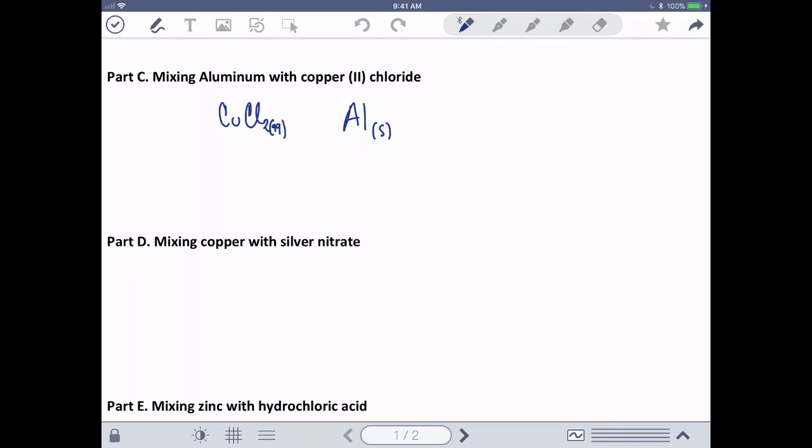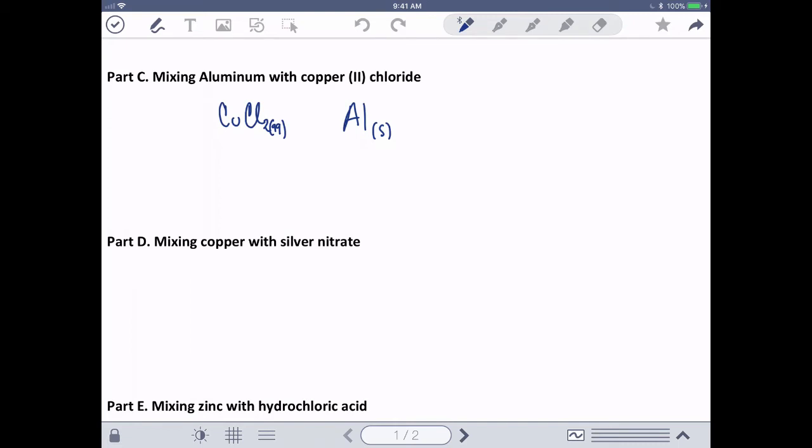We don't need you yet to know how to come up with these chemical formulas. You will learn that later in your chemistry class. I'm just giving you the chemical formulas for these compounds, and I'm not going deep into why they are the way they are.